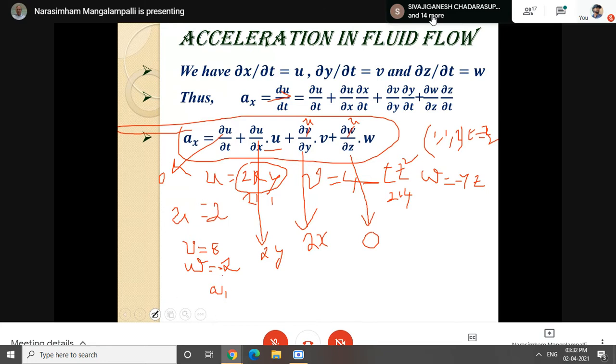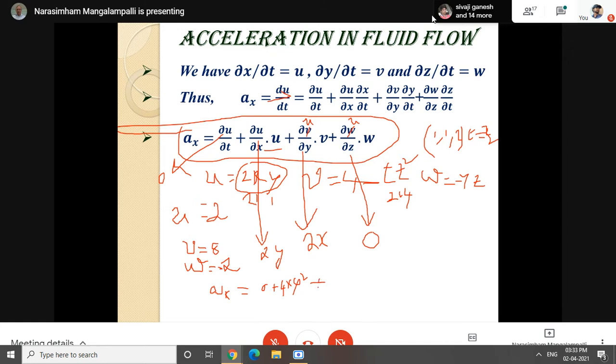4x y square. So ax will be equal to 2x times 0 plus 2x times 4x y square, right?